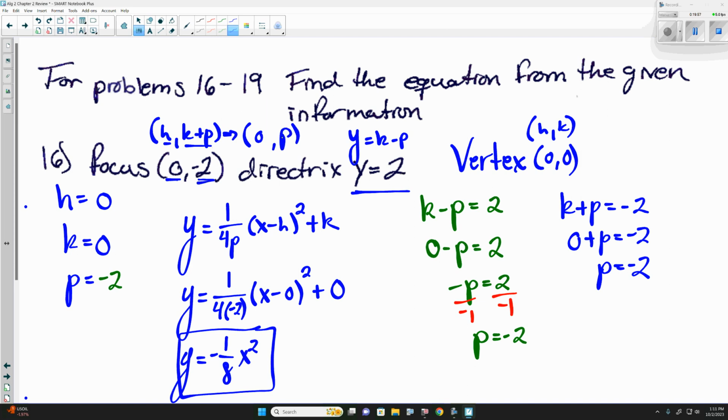Well, 0 plus p is p, so the focus technically is the point 0, p. Same thing's true with the directrix, y equals k minus p. Well, if k is 0, I just get y equals negative p. So that is the general form of these, and that does work. I do it this way because this works even if the focus or the vertex is not 0, 0. So it works in both cases, yes.